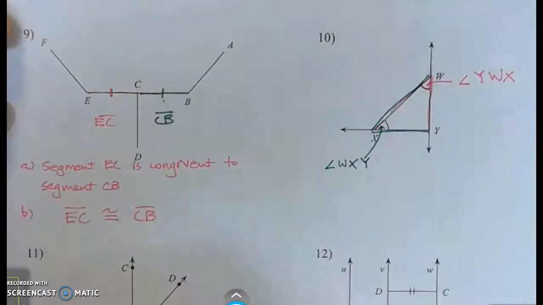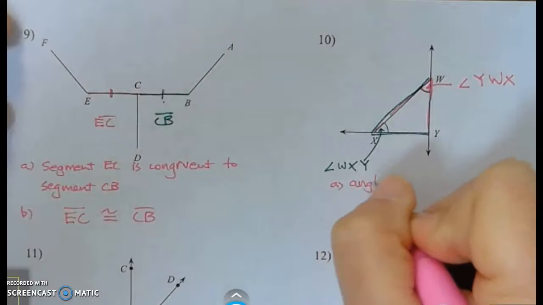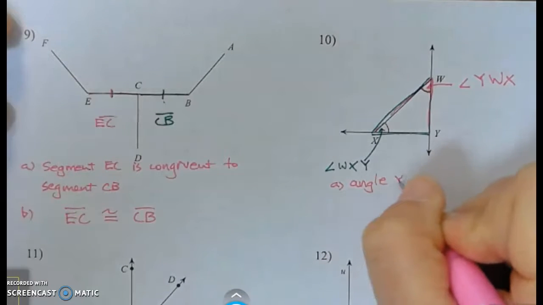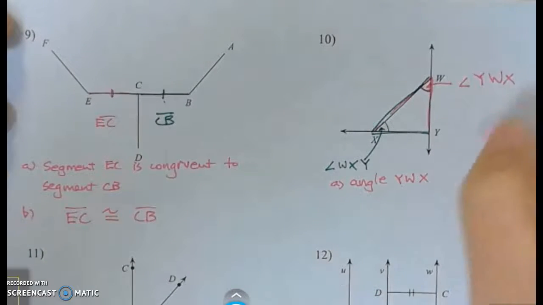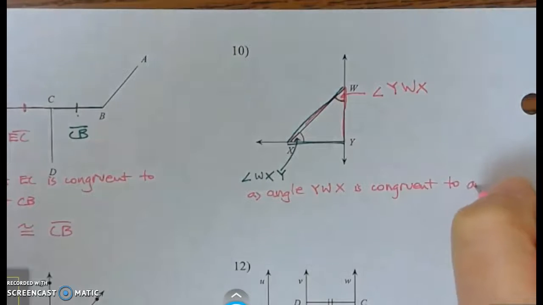Alright, so what do we need to say? So for A, angle YWX is congruent to angle WXY.